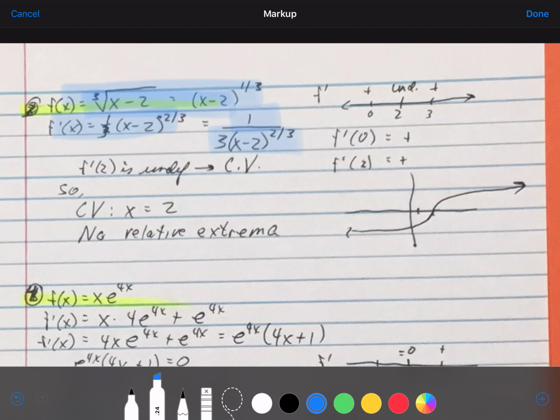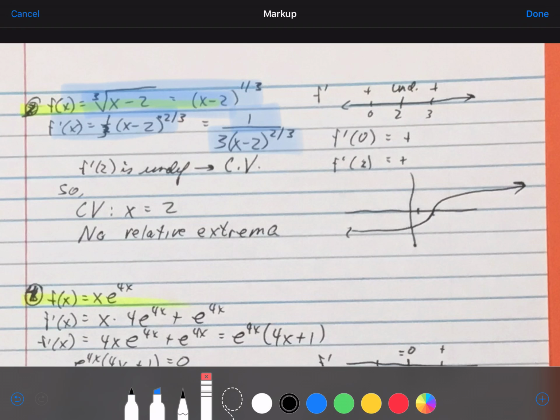A critical value would be at x equals 2. Okay, so critical value x equals 2.